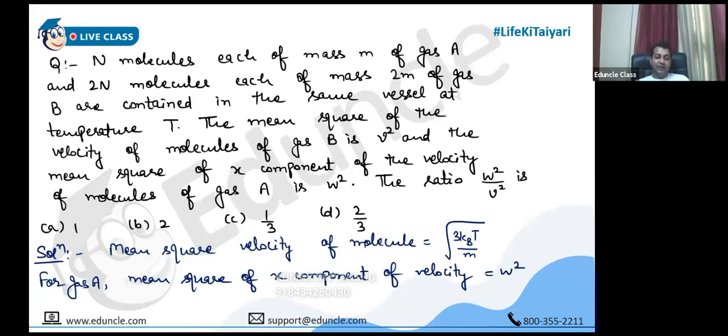So it means total will be, if X component is W square, then Y will also be W square and Z will also be W square. So total for gas A, mean square velocity will become 3W square. And because we have taken the square, it will be 3 kT by m. Because there are 3 directions in which molecules can go now. And all the directions are equivalent for us.